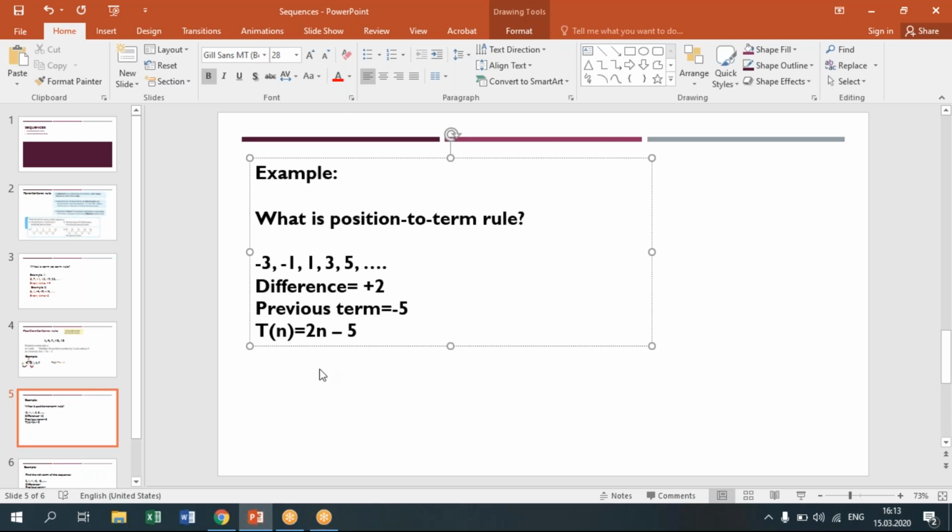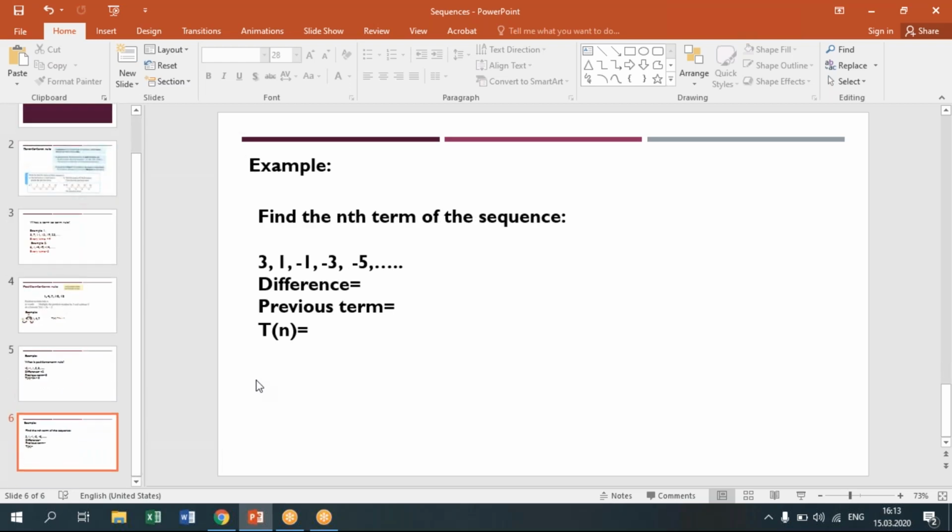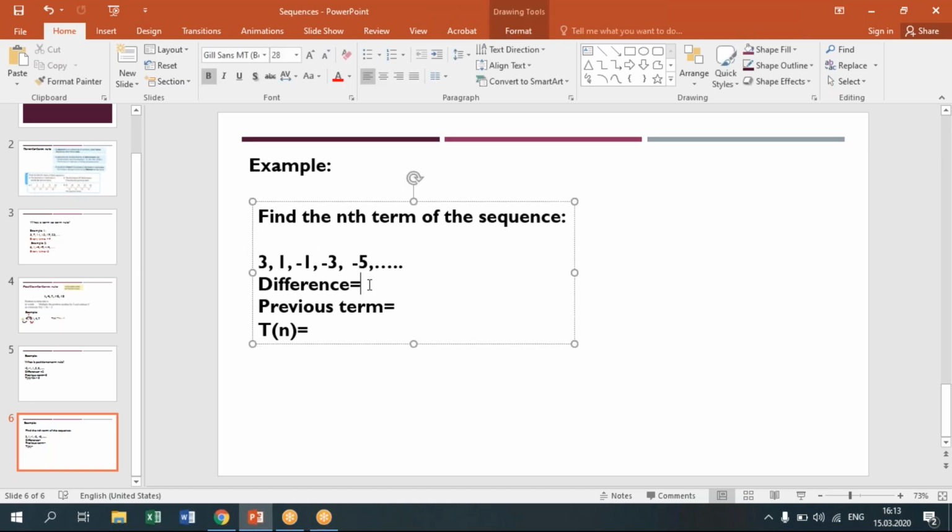Next one. We have to find the nth term of the sequence 3, 1, negative 1, negative 3, negative 5. What is the difference between each of them? Every time minus 2. 3 minus 2 is 1. 1 minus 2 is minus 1. That's why for the difference, I will write minus 2.